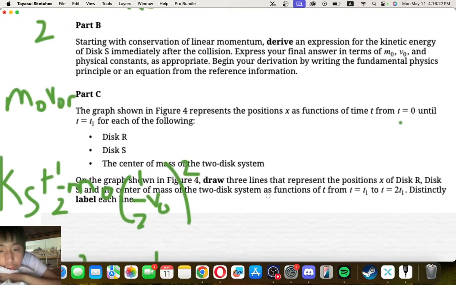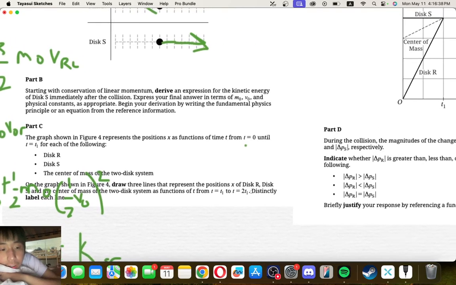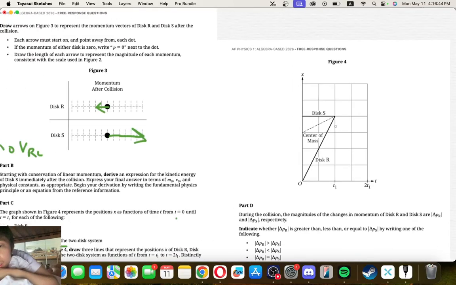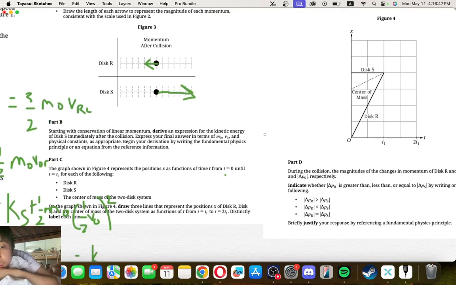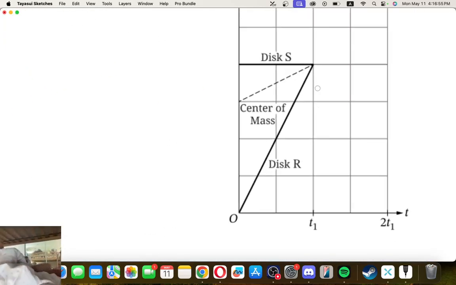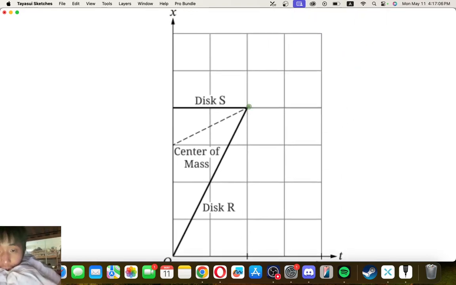On the graph, we will draw 3 lines that represent the positions from T1 to 2T1, distinctly labeled each line. Alright, so disk S, this is distance, right? Okay, position, distance, whatever. For disk S, first, I think the center of mass doesn't change.